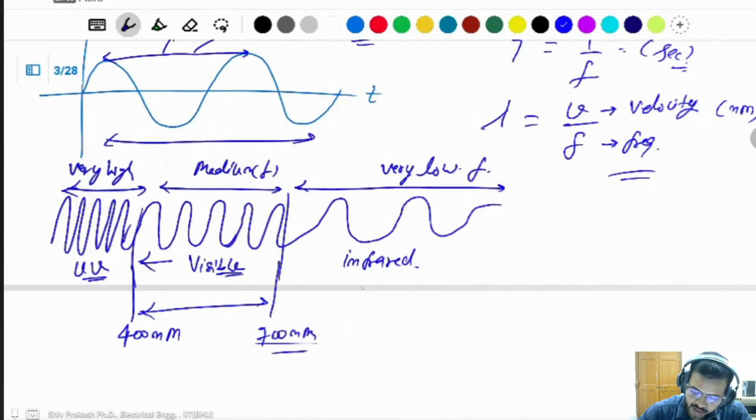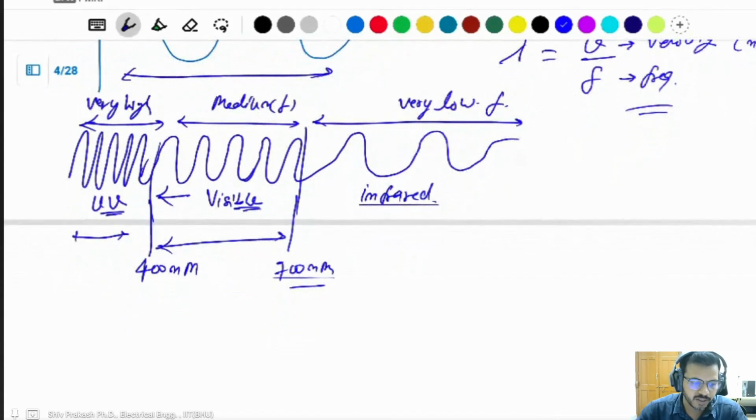More than 700 is infrared; less than 400 nanometers means a very high frequency, known as ultraviolet rays. You know about that. The power will be converted from solar to electrical energy only in the visible range, 400 nanometers to 700 nanometers, which is known as the spectral irradiance.